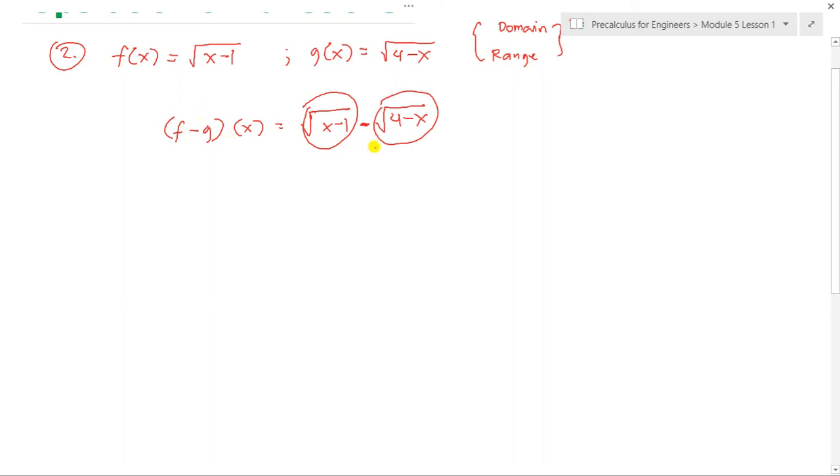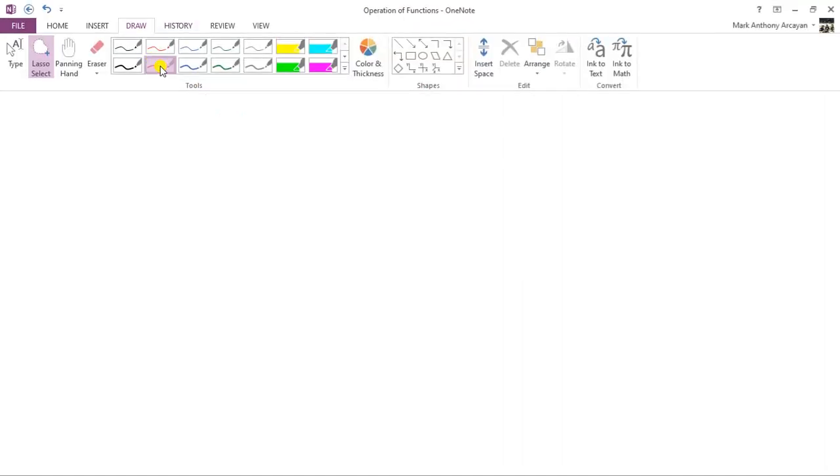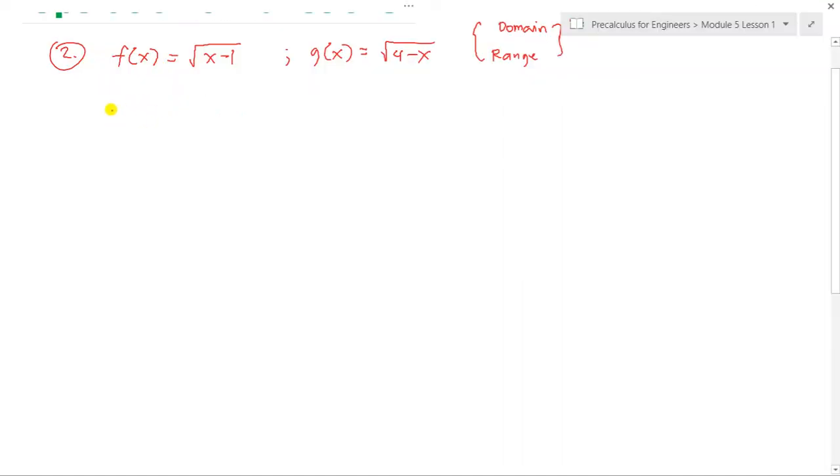So this should now be our answer. You can practice solving the range on your own. But anyways, the range is the same as our previous one in the addition. So let's proceed to multiplication.